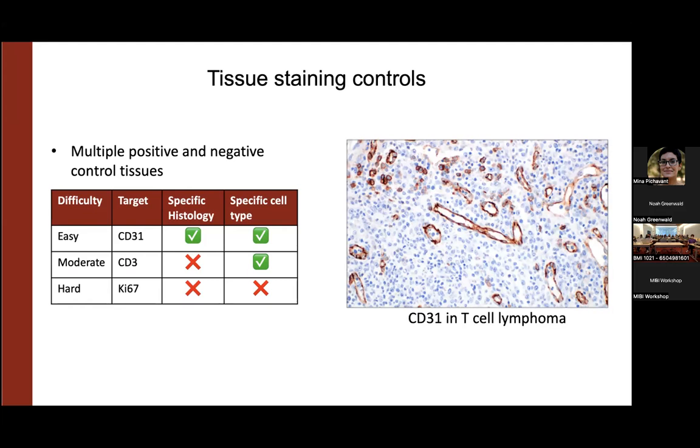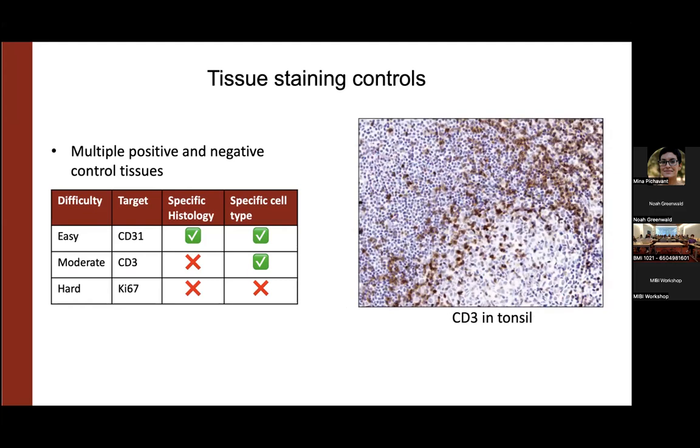Now going from CD31 to a marker like CD3, which is expressed on T cells: T cells are a specific cell type, great, but they can infiltrate into different tissues in very different ways, so it's very hard to find a particular histological pattern to look for. So it becomes a little harder to validate CD3 compared to CD31, where you have both a specific cell type and a histological location.